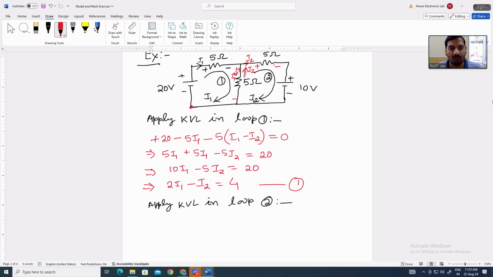Okay, now we can apply KVL in this loop. I will start at this point.